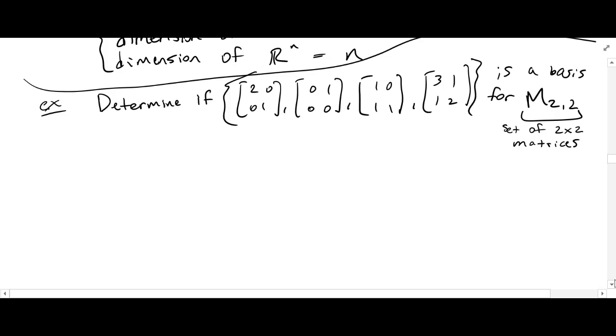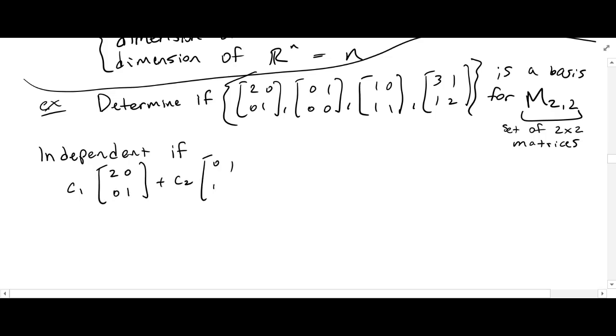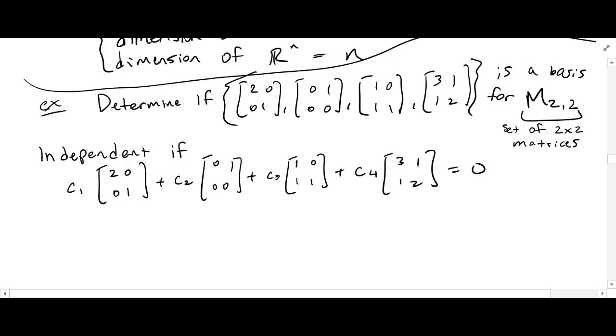So these guys are independent if you take a linear combination of them and you get 0, and that equaling 0 implies that these are all 0.